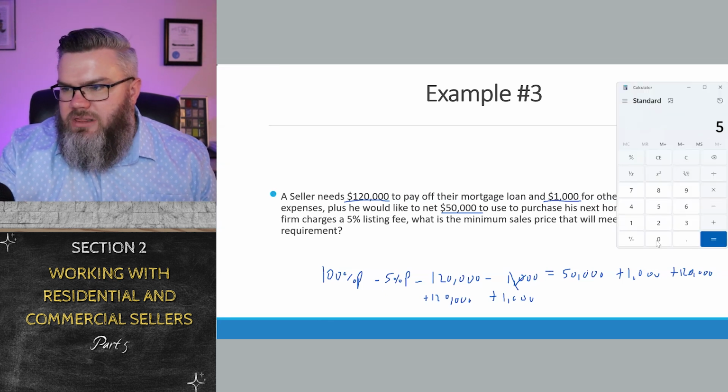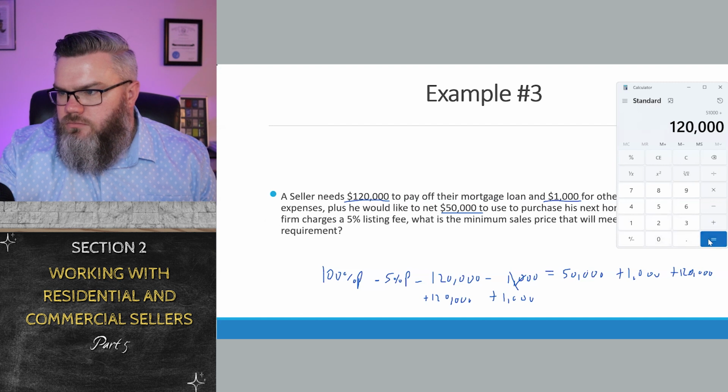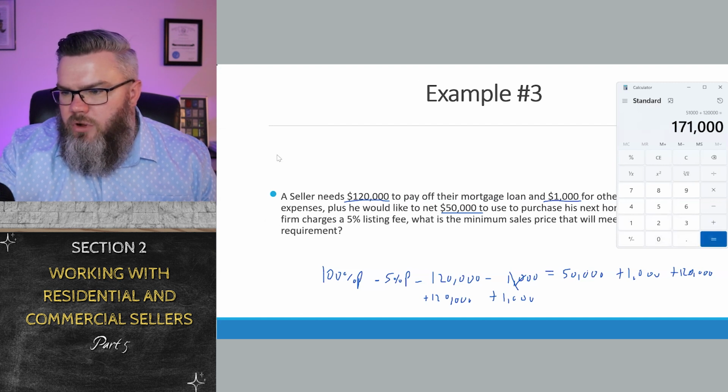So $50,000 plus 1,000 plus 120,000. So that'd be 171,000 on this side.